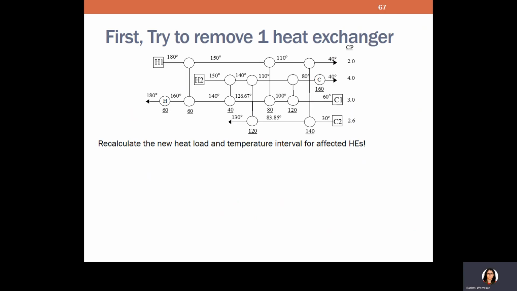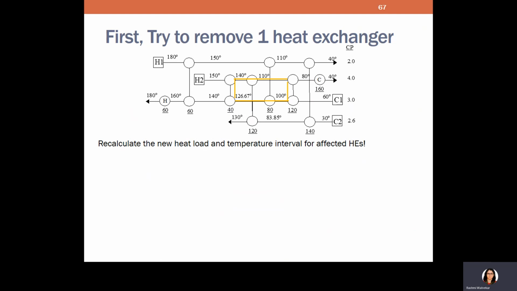What we are going to do now is, when we optimize, we have to reduce the number of units. So we take a loop and remove one of the heat exchangers within the loop. For example, we have this loop. This heat exchanger has 120 kilowatt, so we can remove the heat exchanger which is only 40 kilowatt.